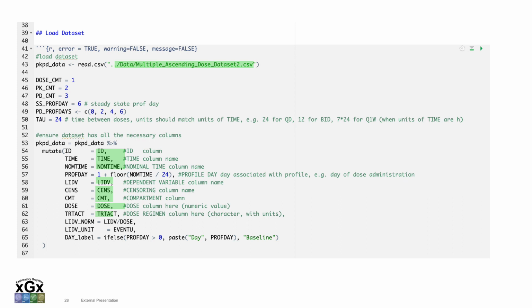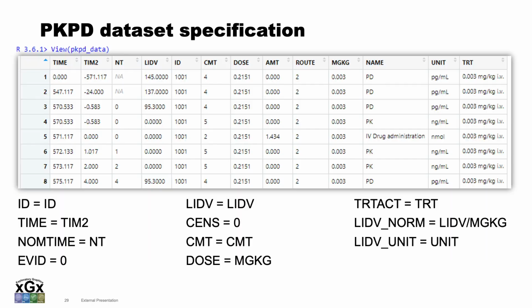Our PKPD data specification is the generic and general data specification that is common across the industry. But if you're working with a specific data set with different data specification column names, you want to match these names with your own data set.